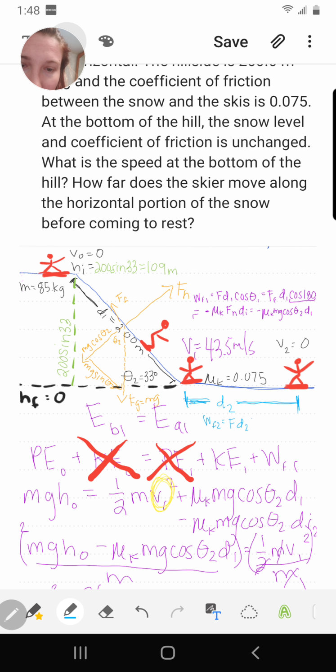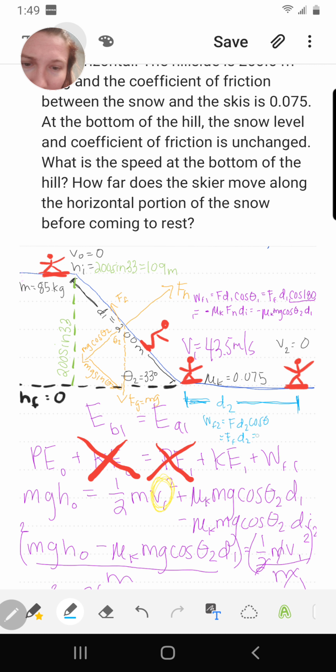And it would still be the cosine of the angle. Well, friction force is parallel to the distance, so we know the cosine of 180 degrees is just -1. So we just have FF times D2.